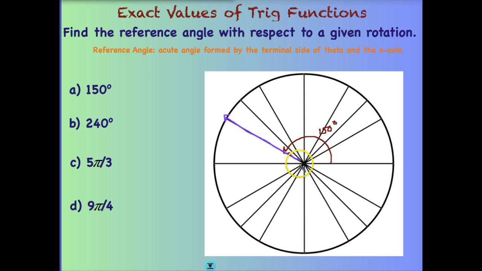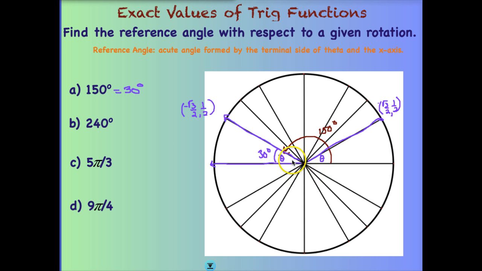Well, this is our terminal side in purple, and the acute angle formed between that and our x-axis would be in between these two purple lines right in here. So this theta here is our reference angle, and that distance would be 30 degrees. 150 plus 30 gives us the full 180. So when we are finding exact values, we can look at the 30-degree exact value that we had here to define what the exact value would be here.